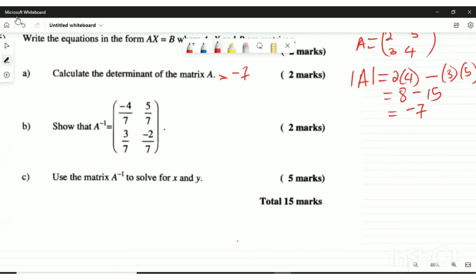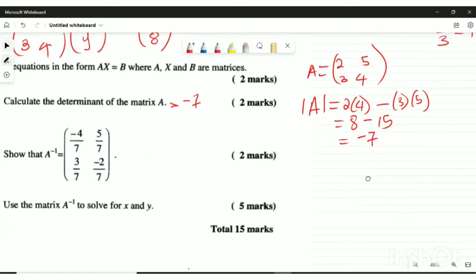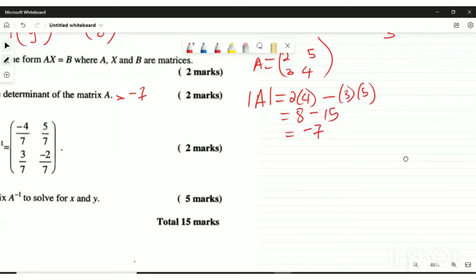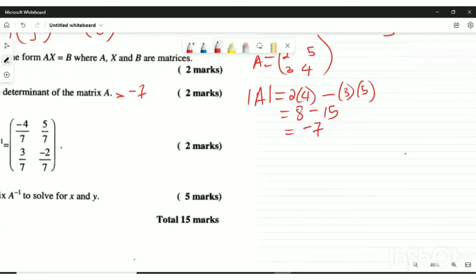To find the inverse of A, the inverse of A is 1 over the determinant of A times the adjoint of A. We have found the determinant already, so it's 1 over -7.